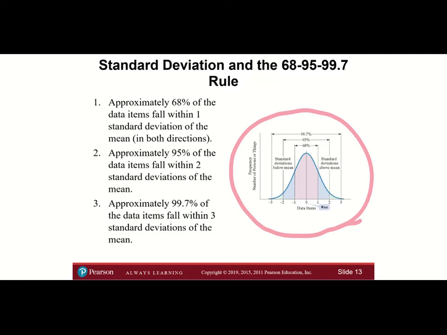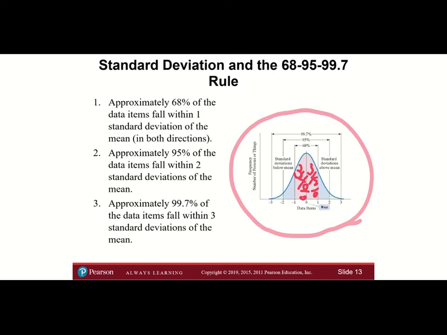And on this side, again, there's another 34% of our data. Together, when you add those up, they make 68% of our data. So 68% of our data will always fall, if you have a normal bell curve, within one standard deviation of the mean.